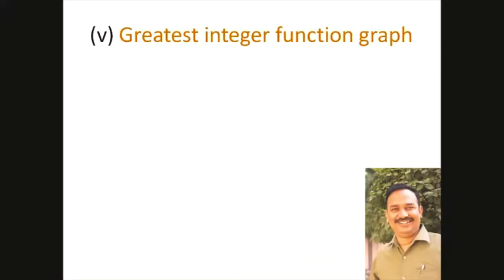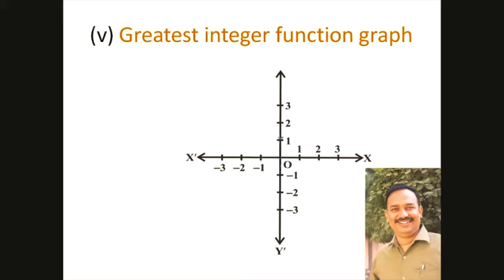Now to draw the graph, we have this Cartesian plane. We can take values from 0 to 1. When we take values from 0 to 1, it will not include 1, but it includes 0. So the graph will be like this. In between 0 to 1, it gives 0. In between 1 to 2, it gives 1. 2 to 3, it gives 2.